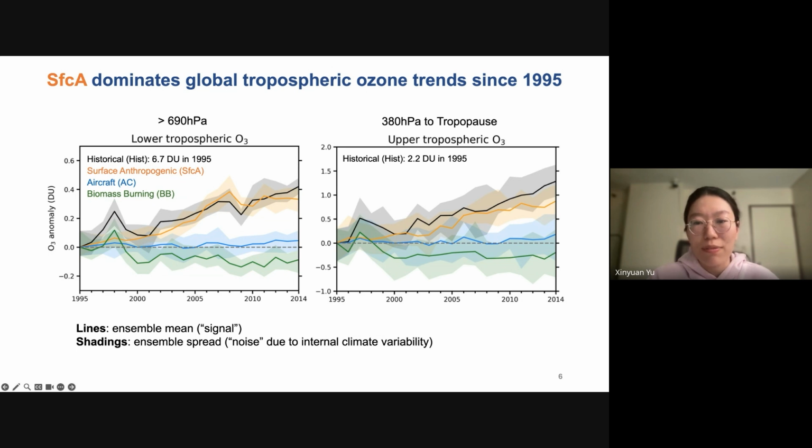This is because of our choice of 1995 as a base year, when the CO and NOx emissions are higher than in later years, except for unusual El Nino event years. I want to emphasize that biomass burning is treated as a forcing in our simulations, with the same emissions applied across all ensemble members instead of responding to the meteorological conditions.